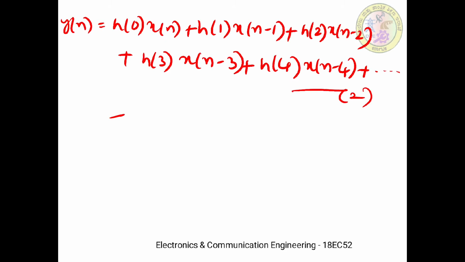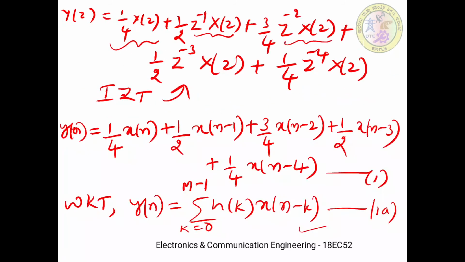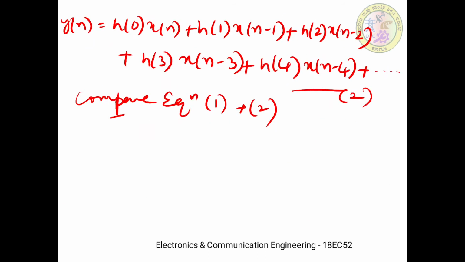So now by comparing equation 1 and 2. Equation 1 is from the given problem, whatever IZT we have taken, that is the y of n equation. So compare this equation 1 with the expansion whatever we have done now. Here we can simply compare the coefficients.